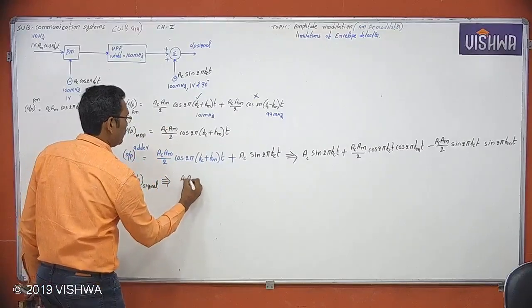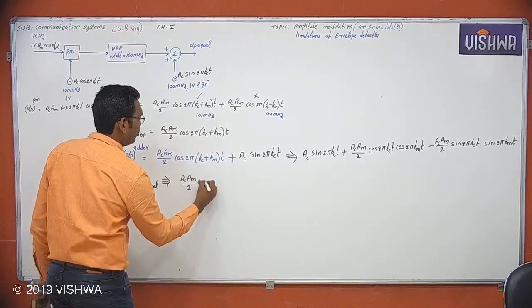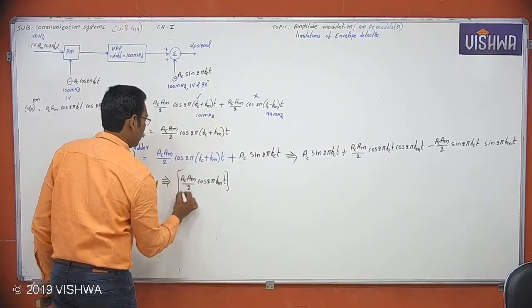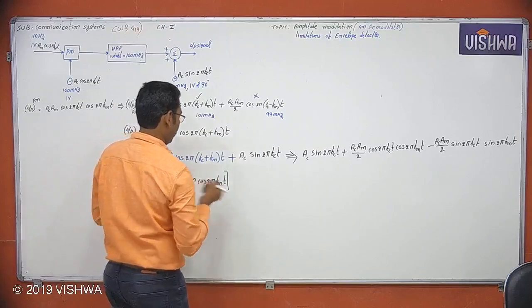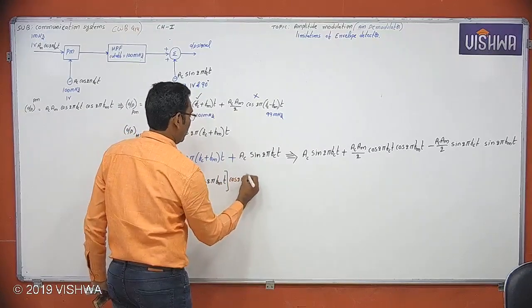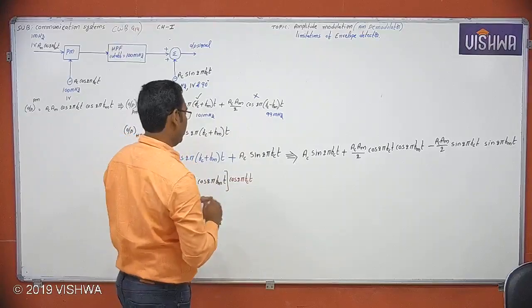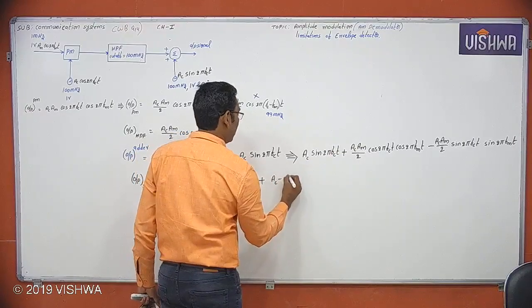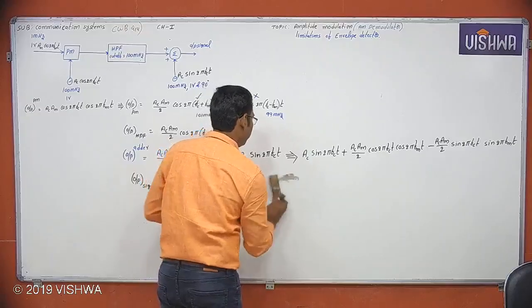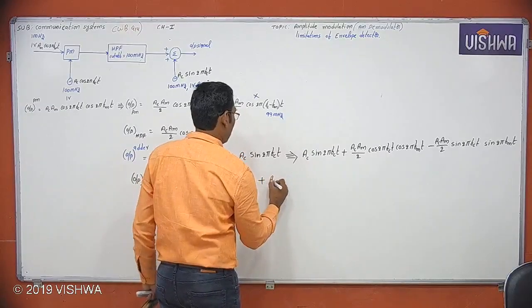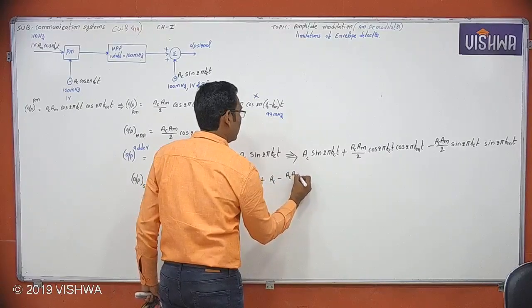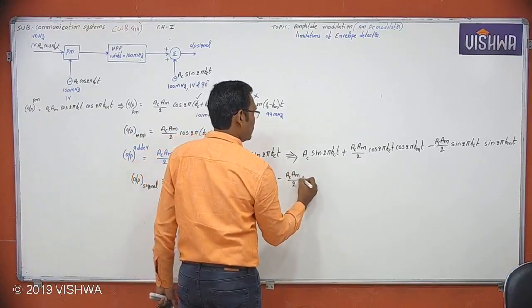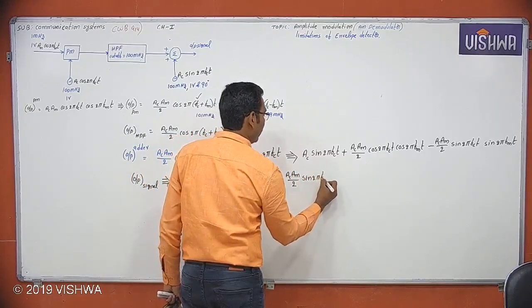This is Ac Am by 2 into cos 2 pi Fm t into cos 2 pi Fc t, plus sin 2 pi Fc t as common, (Ac minus Ac Am by 2) sin 2 pi Fm t.